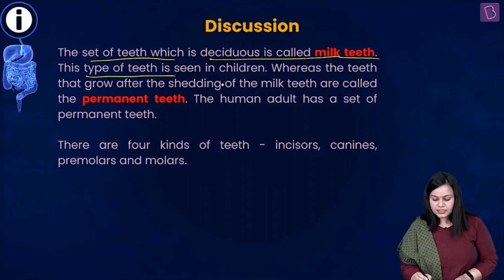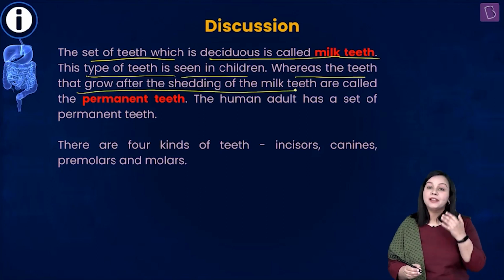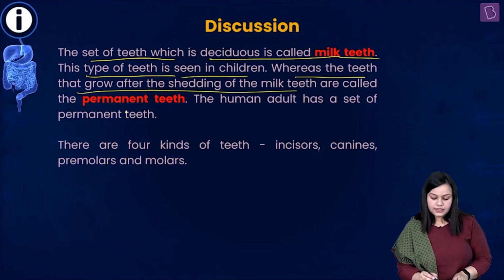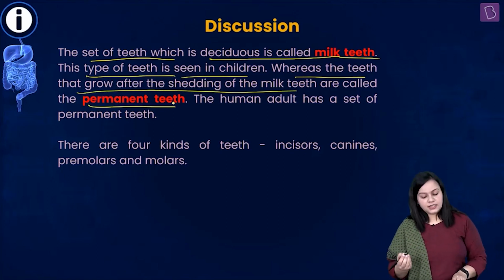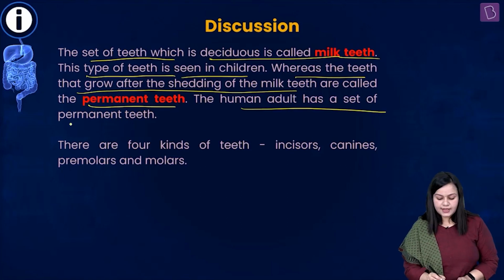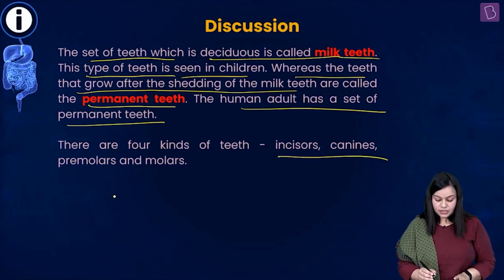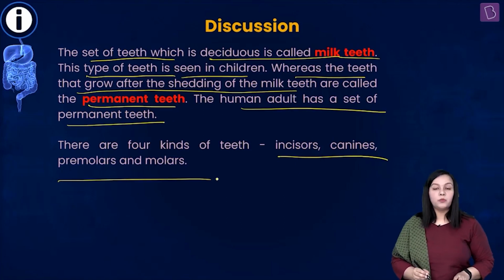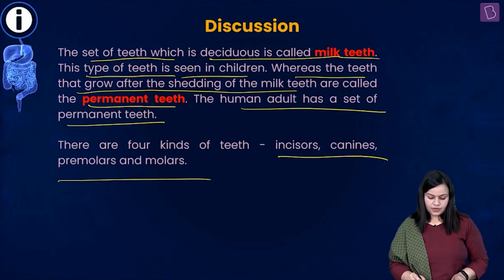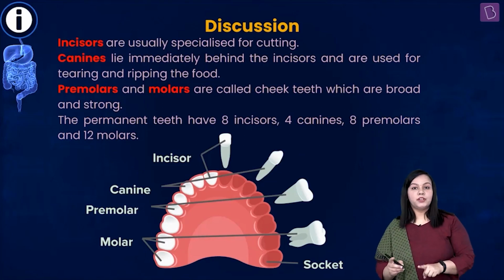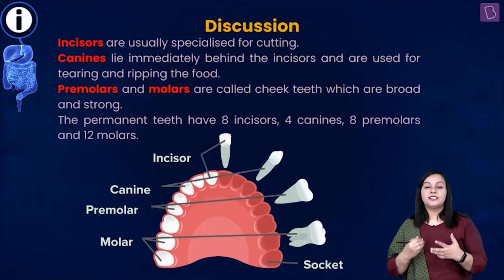The milk teeth are seen in children, whereas the teeth that grow after shedding of the milk teeth or deciduous teeth are called permanent teeth. The human adult has a set of permanent teeth, and there are 4 kinds of teeth: incisors, canines, premolars and molars. Teeth already is plural, tooth is singular, so never say teeths.